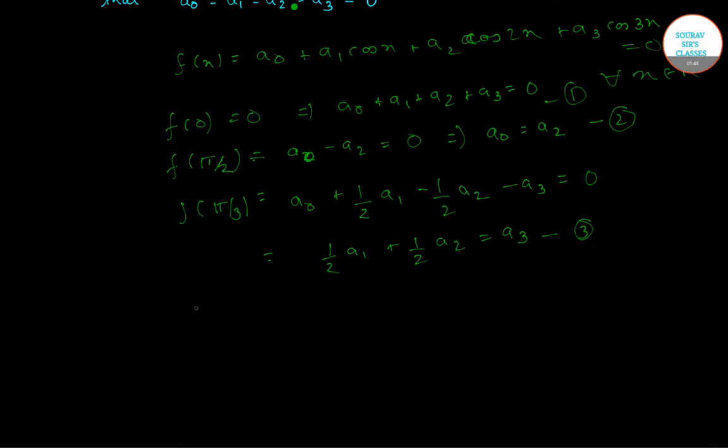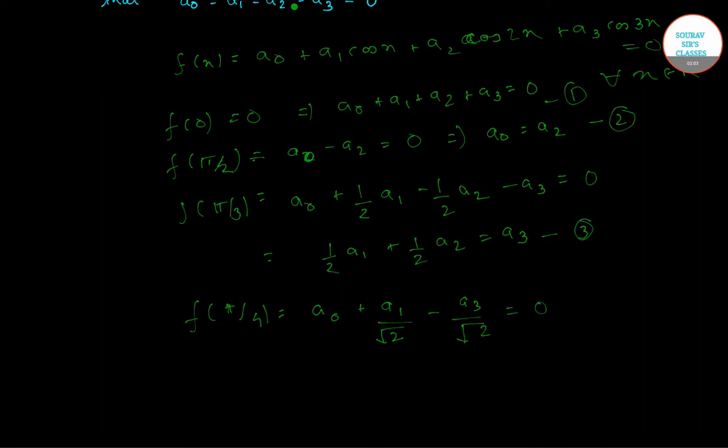Now f of pi by 4 is equals to a0 plus a1 by root 2 minus a3 by root 2, which is equals to 0.